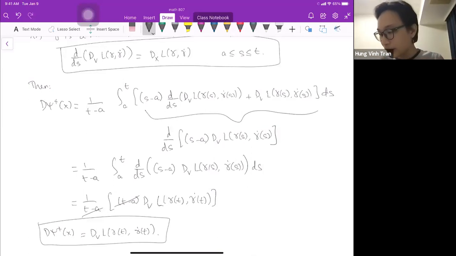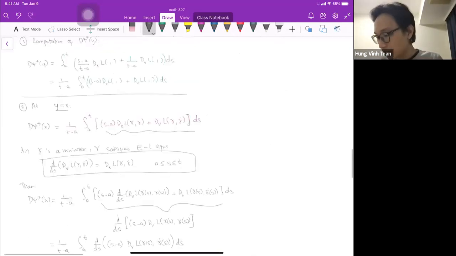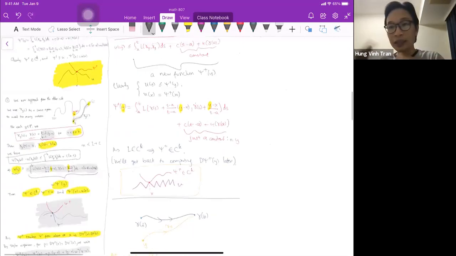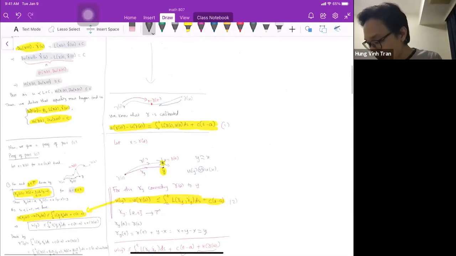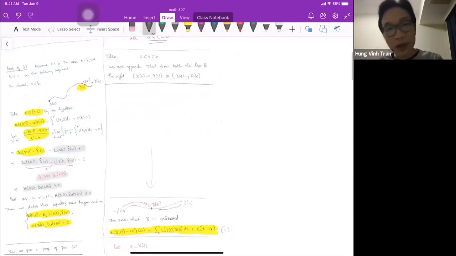Or else, in the earlier part we only use that they're touching and prove that it's differentiable, and then we use part 1, which goes to duality and so on, to get that du of gamma t is exactly dvL of gamma t, gamma dot of t.